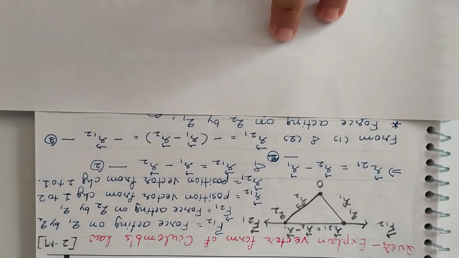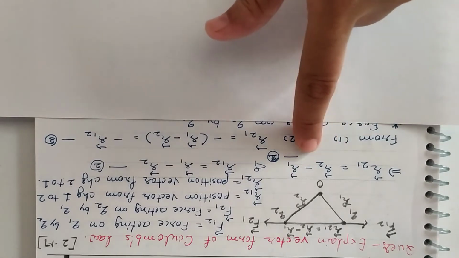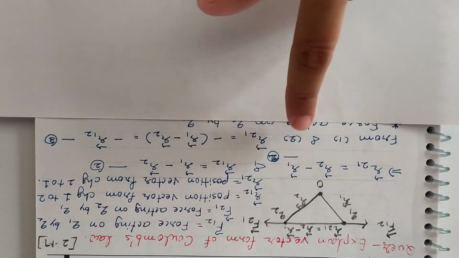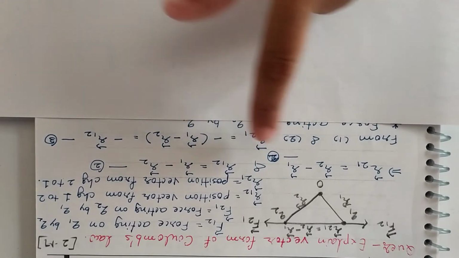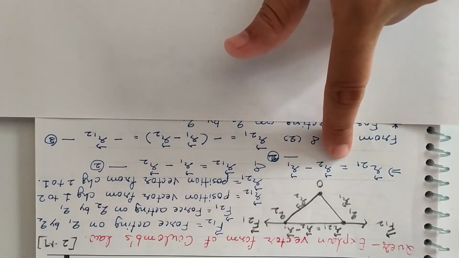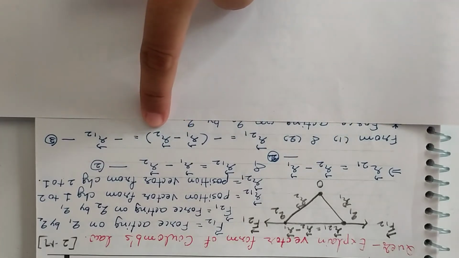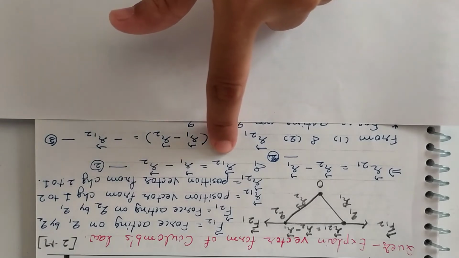Now, further solving this, what is the difference between equation 1 and equation 2? There is only a difference of a minus sign. So we can also write R21 here. If we take the minus out of this bracket, we get minus (R1 minus R2), and R1 minus R2 we already know is R12.